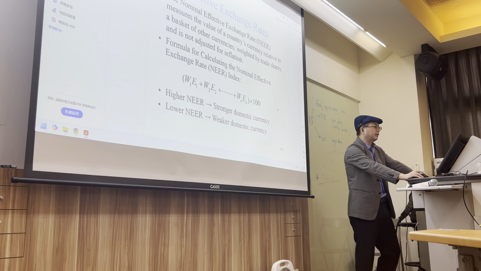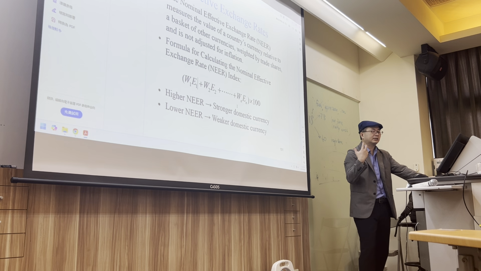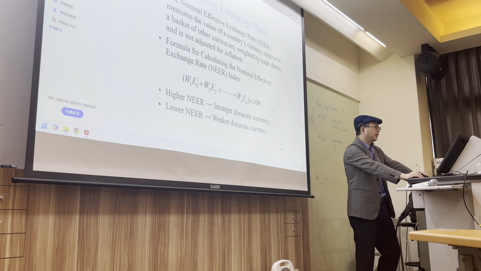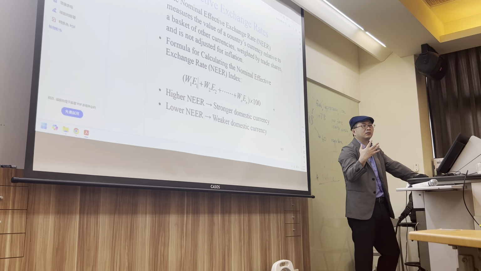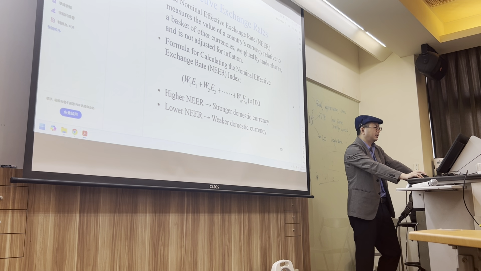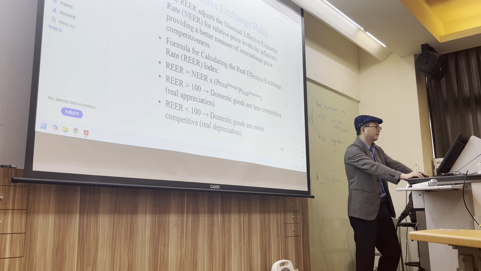That's how you measure the index. When you have a higher value, it means a stronger domestic currency, so the currency's value is higher than its neighboring countries. It could mean a good thing or a bad thing, which we will discuss in a few seconds.